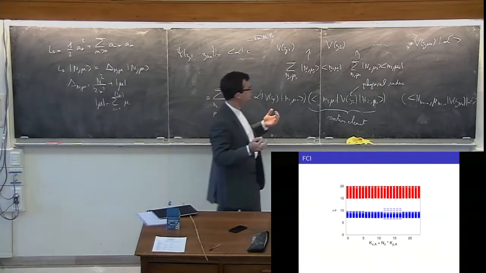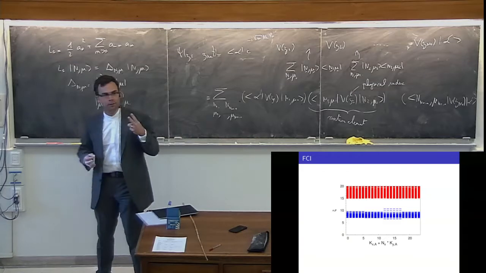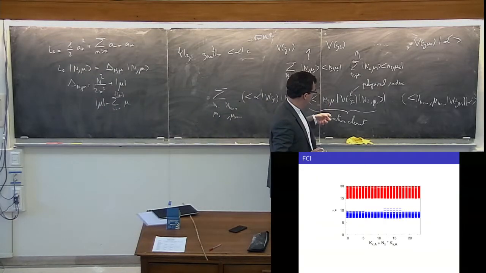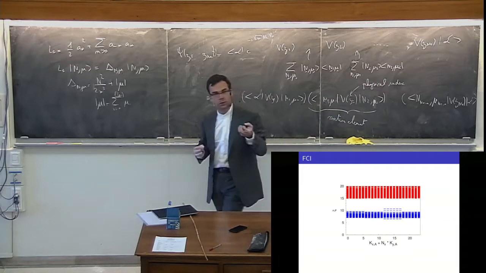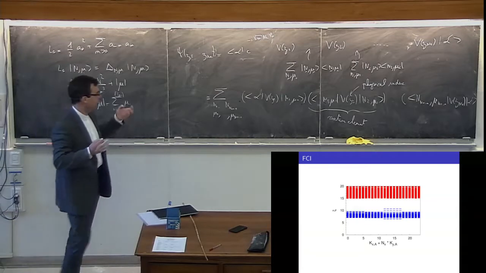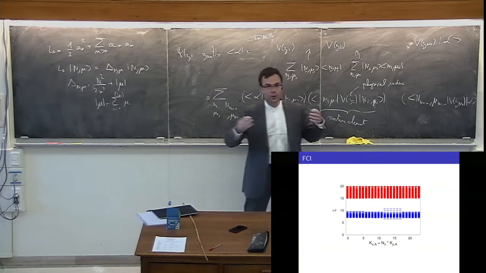Here, it's a continuous parameter. The second issue is about the bond dimension. The bond indices, you see that there is no restriction for the time being on n and mu. So it's an infinite basis.